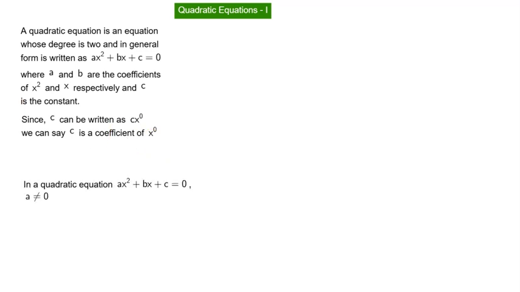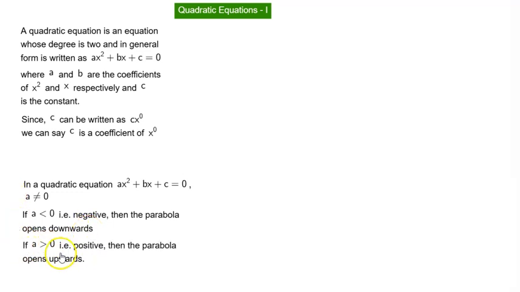Now, in a quadratic equation, ax square plus bx plus c equal to 0, a is not equal to 0. Then if a is less than 0, that is negative, then the parabola opens downwards.